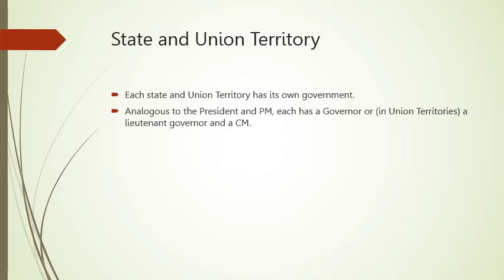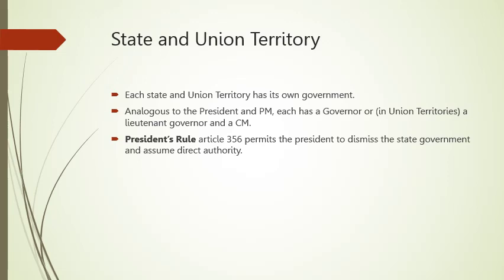That is, there are separate governments in all states and in all union territories, and a state government is headed by a governor, and a union territory by a lieutenant governor and a chief minister.